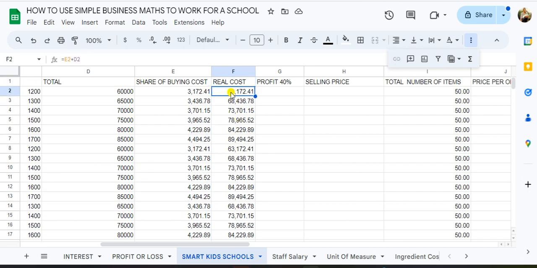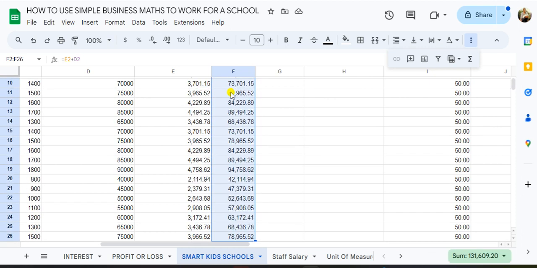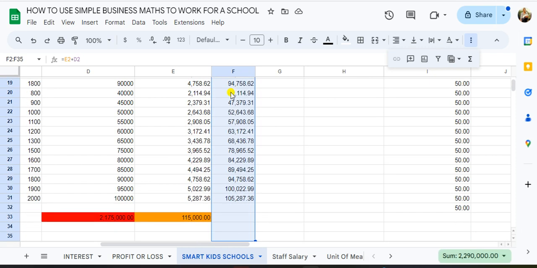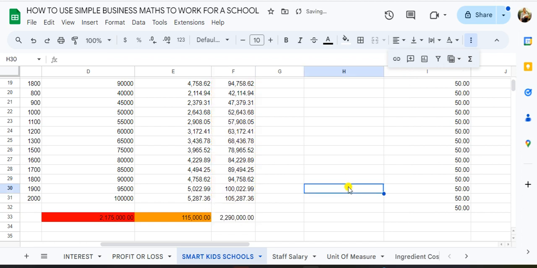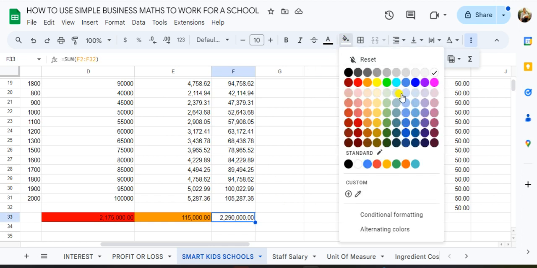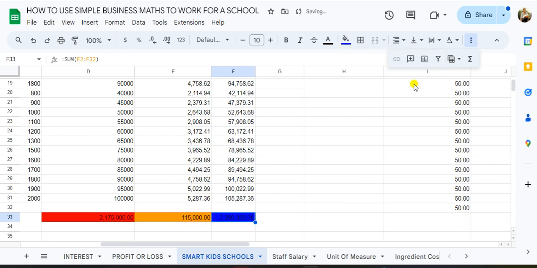Now we have to sum them up. We drag down, then we sum. So the total it cost the school is 2,290,000 naira. That is the total money it cost the school to buy all the materials, and also to pay you, who is their data entry personnel.